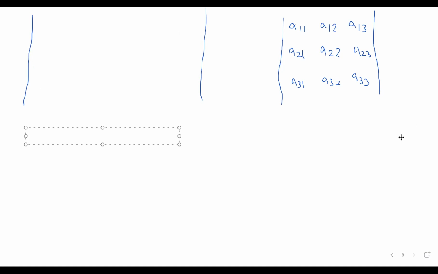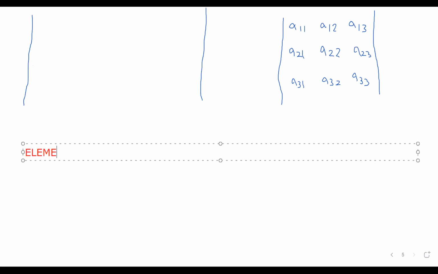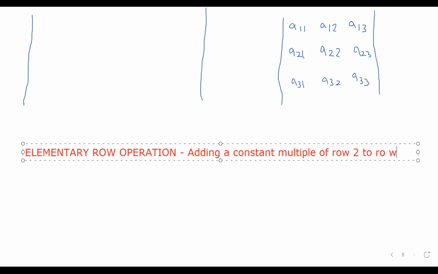The elementary row operation is adding a constant multiple of row 2 to row 1. We're going to look at the relationship between the determinant of the resulting matrix after this operation and the determinant of the matrix before we did it.